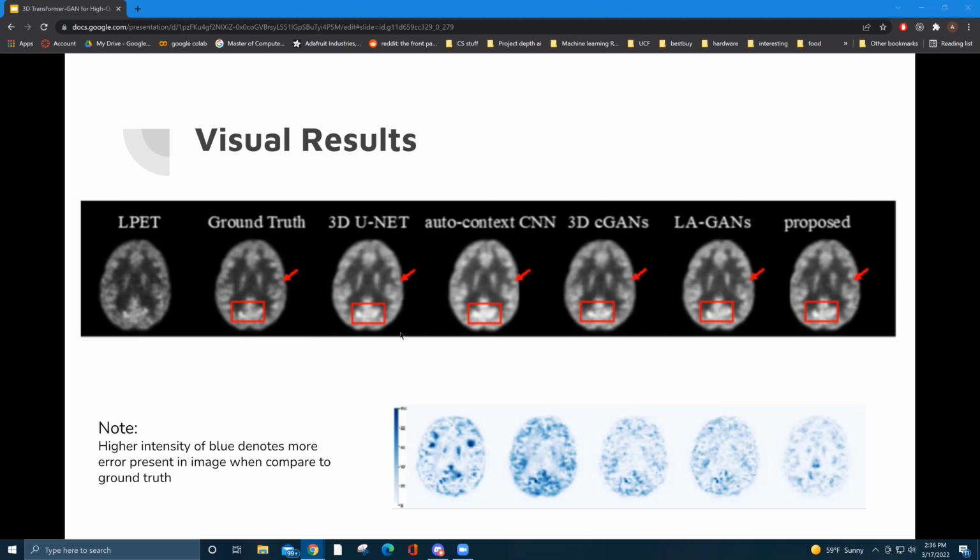If they carried out some experiment, say, based on their reconstructed PET image, they are able to achieve better tumor segmentation or detection accuracy, this may be more convincing, that their method is better.